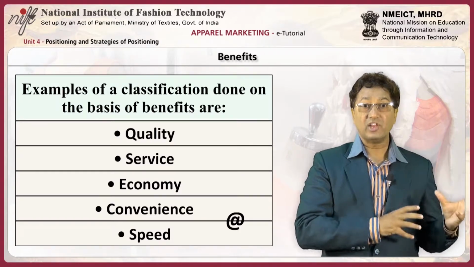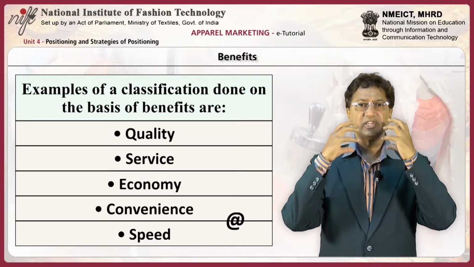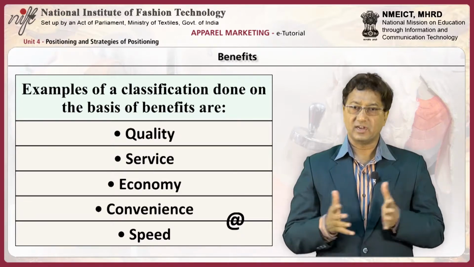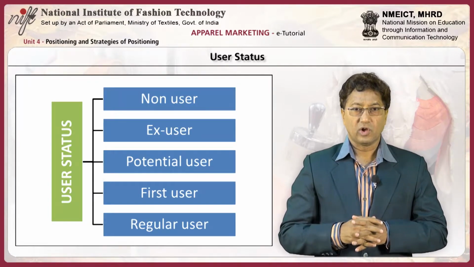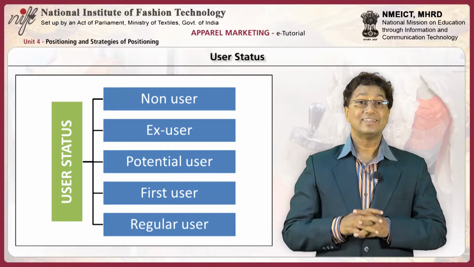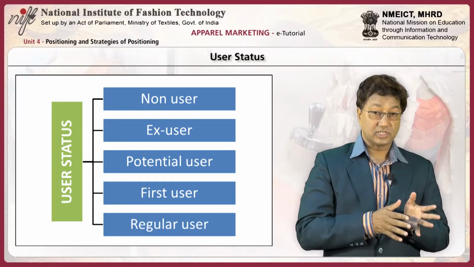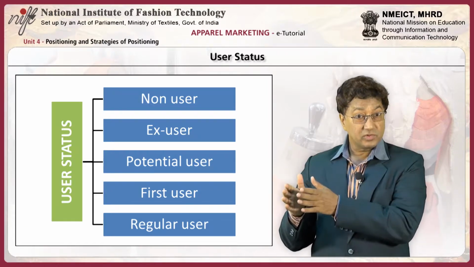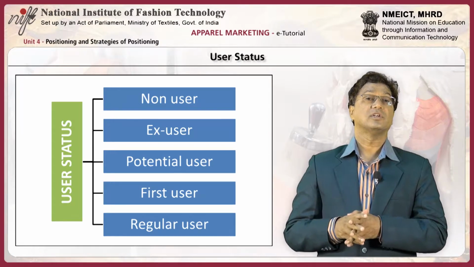Some would look for value for money. There is a benefit they are looking. So the classification is done based on that. Now let's come to the next one. Classification done on the basis of user status. There are examples like non-users, ex-users, potential users, first users and regular users, etc.